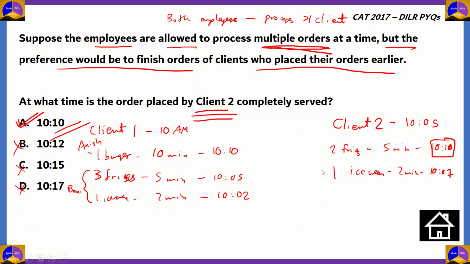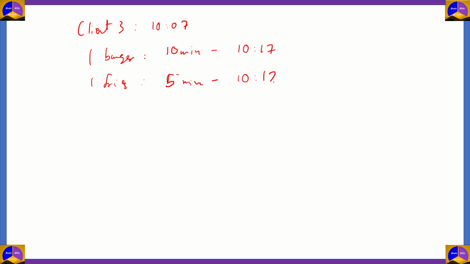So let's go back to 3. 10:07, 1 burger took 10 minutes, and that's 10:17. 1 fries takes 5 minutes, and that's at 10:12.